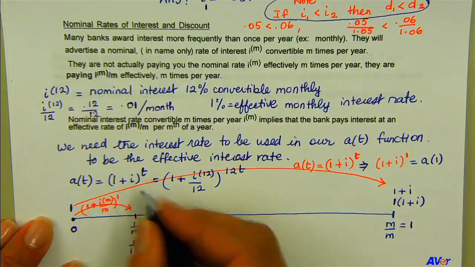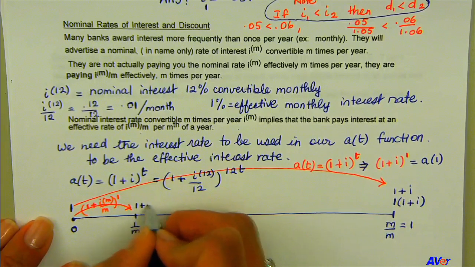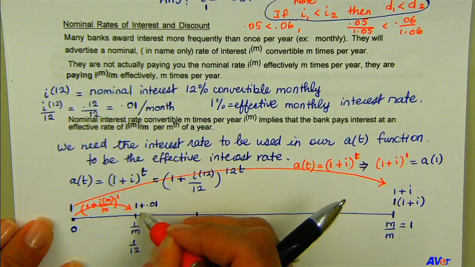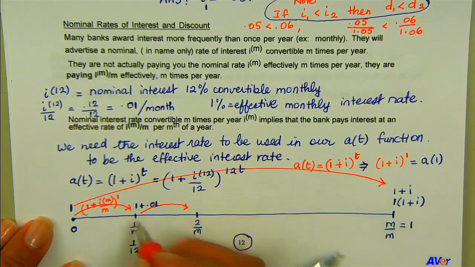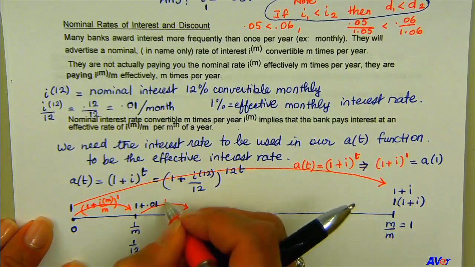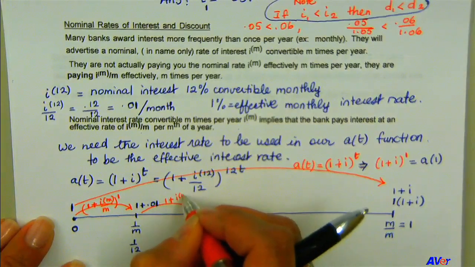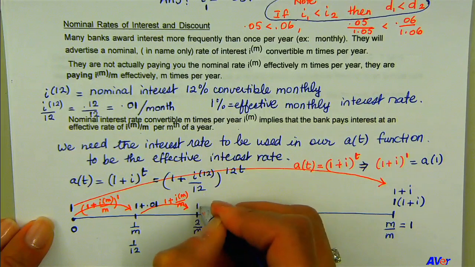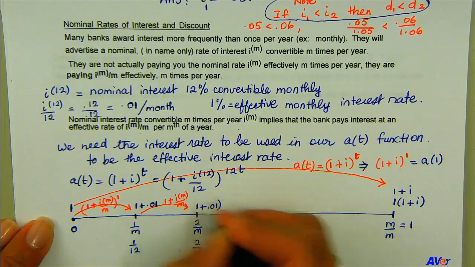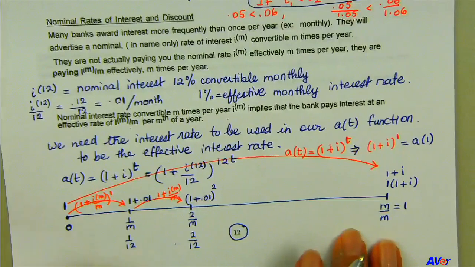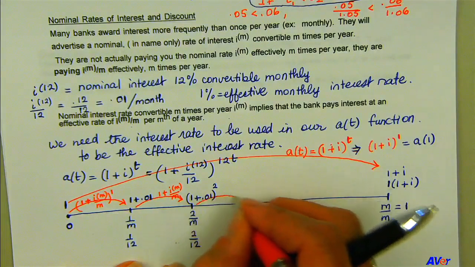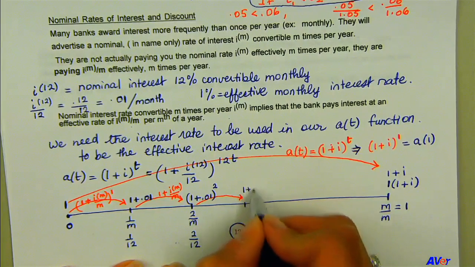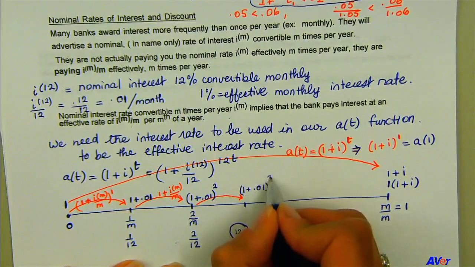So I end up with 1 plus 0.01. And then it grows again. This one grows again at (1 plus i^(m) over m) to the 1 power. So I end up with (1 plus 0.01) squared. And then do it again, and you end up with (1 plus 0.01) to the third.